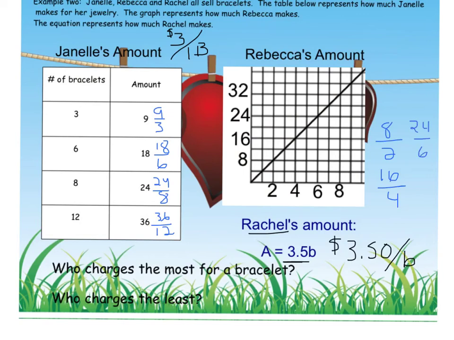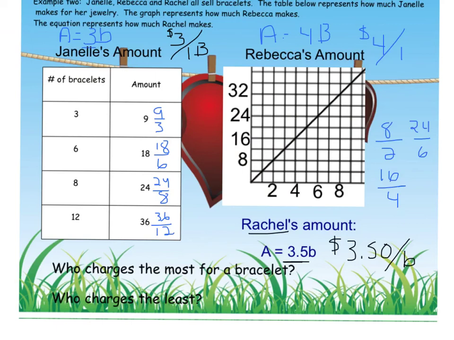All of these reduce to 4 to 1. So she charges $4 per 1 bracelet. Now what that would look like in an equation again is Janelle's amount was $3 for every bracelet. Rebecca's amount was $4 for every bracelet.